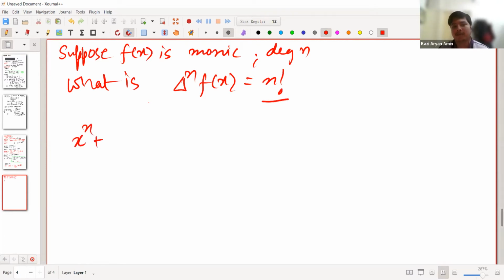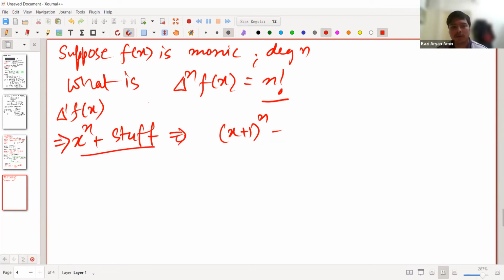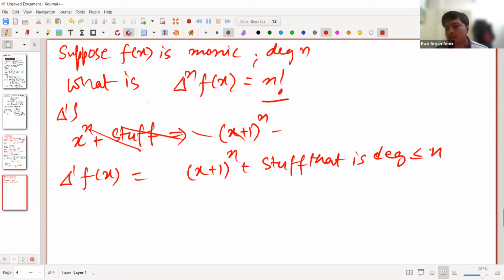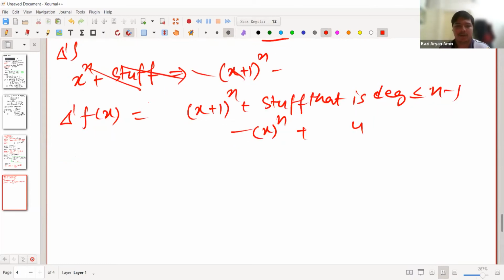How it works is something like, if you have x to the power n plus stuff I don't really care about, you are doing x plus 1 to the power n minus x to the power n. Suppose you are calculating the first finite difference. Then this is x plus 1 to the power n plus stuff of degree less than or equal to n minus 1, minus x to the power n plus stuff of degree less than or equal to n minus 1.